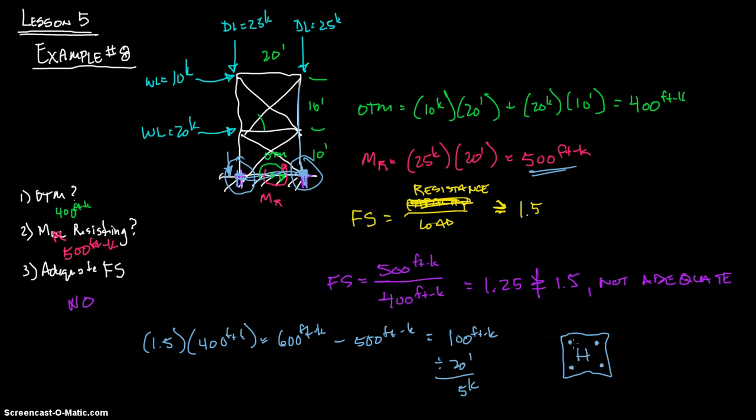It doesn't have to be welded, though it would be in my estimation. Then in that plate you'd have 4 anchors. You could have more than 4, but let's say we have 4. You divide by 4 anchors, and each anchor would have to resist 1.25 kips.